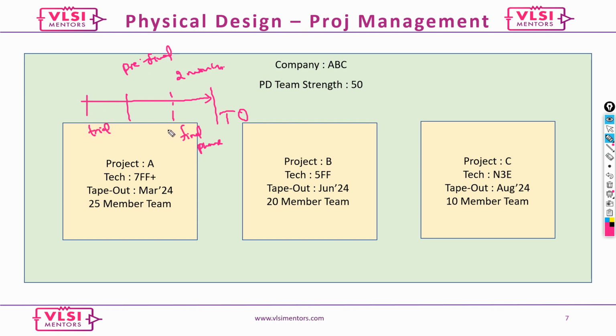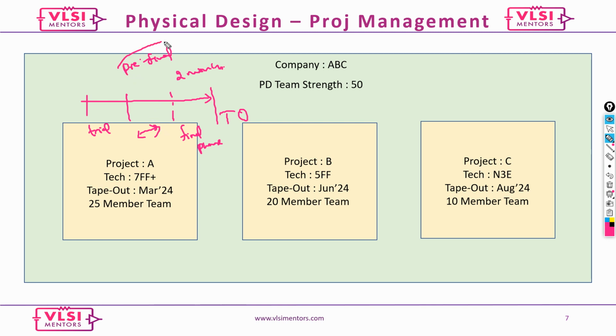If you look at the final phase, you should have identified all the issues in the pre-final stages only. So in the last 2 months, whatever you should have known about your block: these are all my block issues that I have to take care of. From a timing perspective, you might have path groups, you might have congestion. This particular module is going to create congestion, so I need to take care of it.